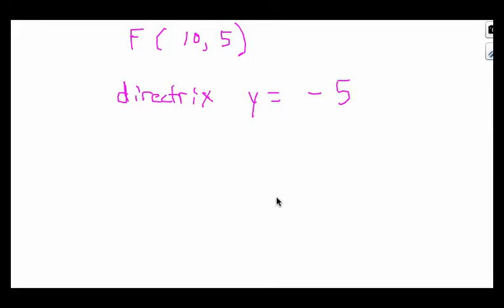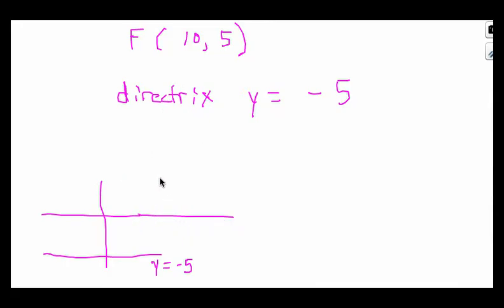The parabola opens upward because the directrix is at y equals -5. So if we draw a quick sketch, the directrix is down here at y equals -5. And the focus is up 5 units. So it's out here somewhere at (10, 5).